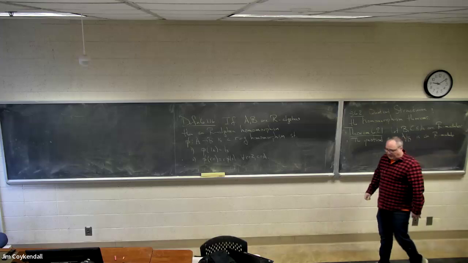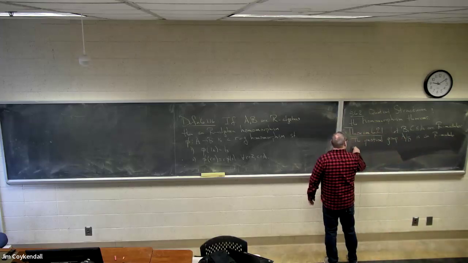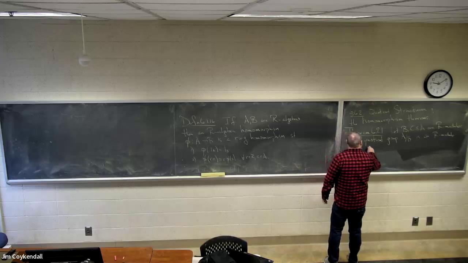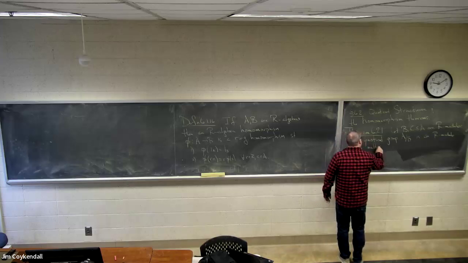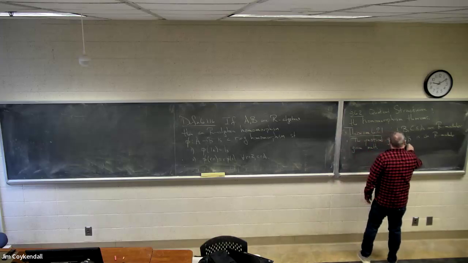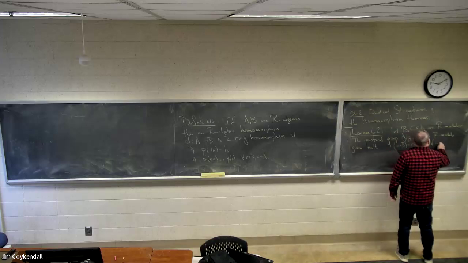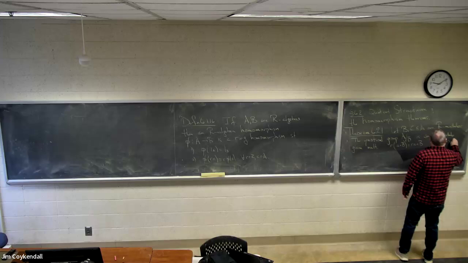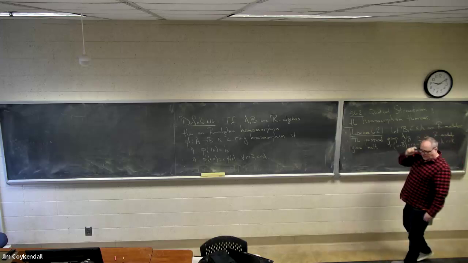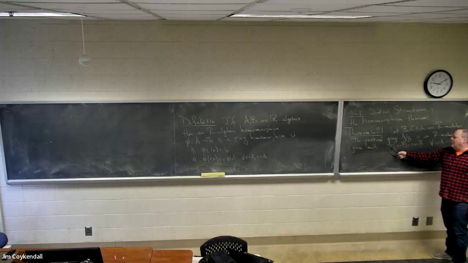And of course, I've got to tell you how to do scalar multiplication. Scalar multiplication: r times (a plus B) is ra plus B, for all r in R and a in A.